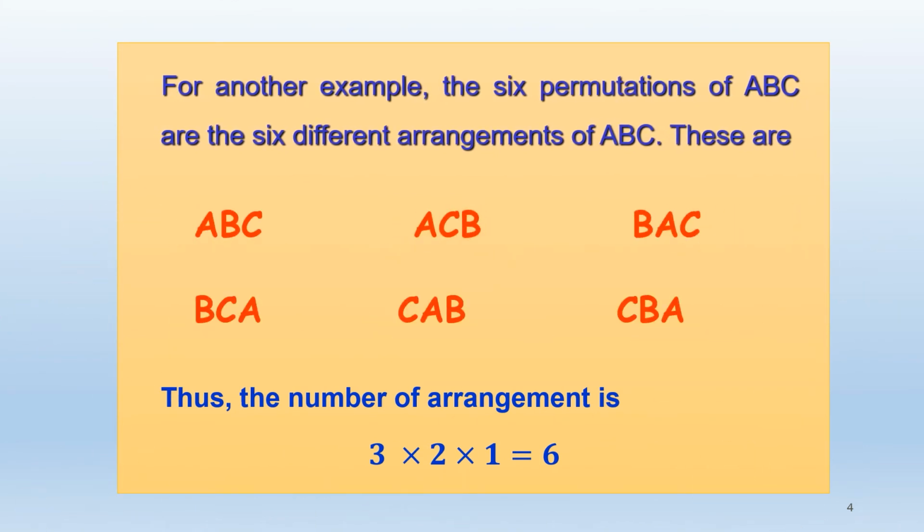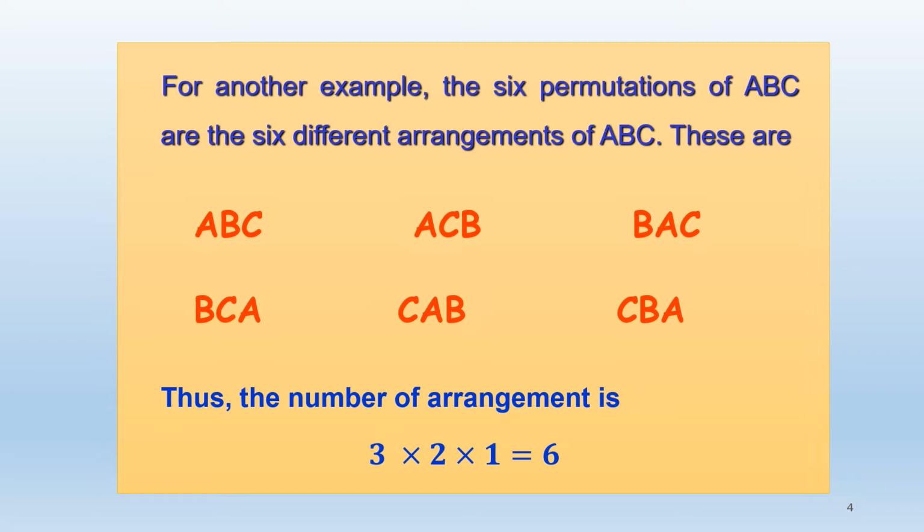Next, for example, the six permutation of ABC are the six different arrangement of ABC. So we can arrange a few different arrangement from this alphabet ABC, which are ABC, ACB, BAC, BCA, CAB, CBA.